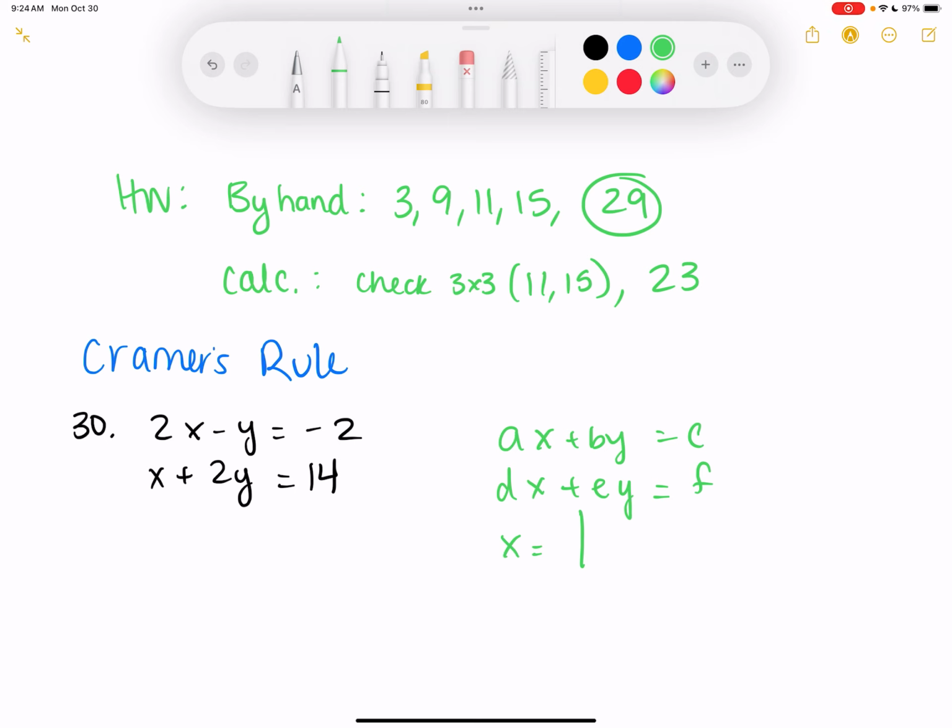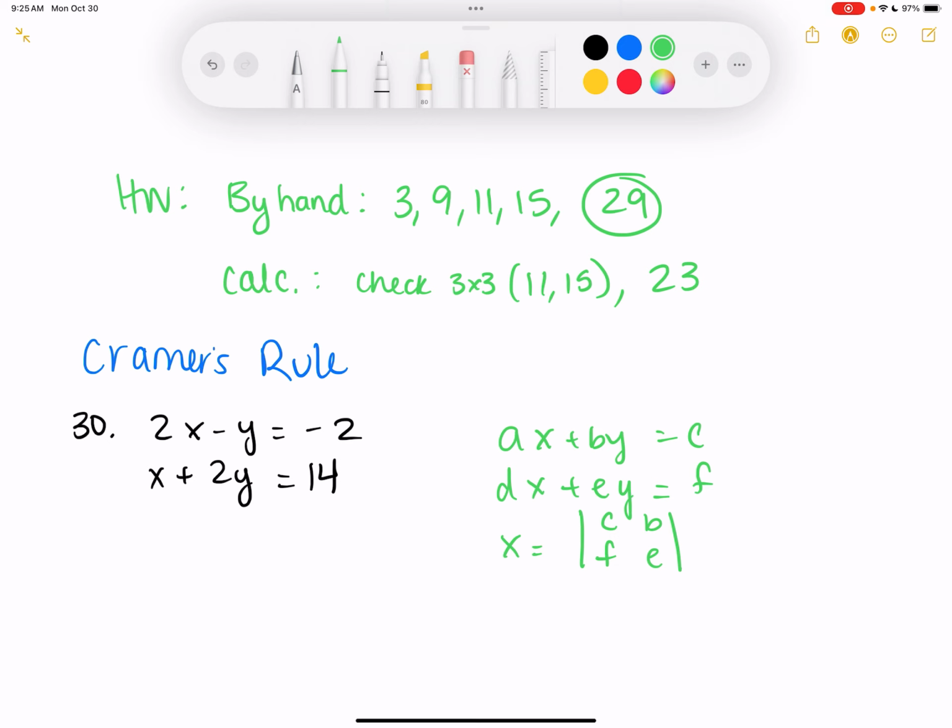So this is going to be whatever the solution is, so C and F go there, replacing x, and then B and E go here. So it's the coefficients of whatever variable we're not solving for, and the solution column goes in for the variable that we solve for.